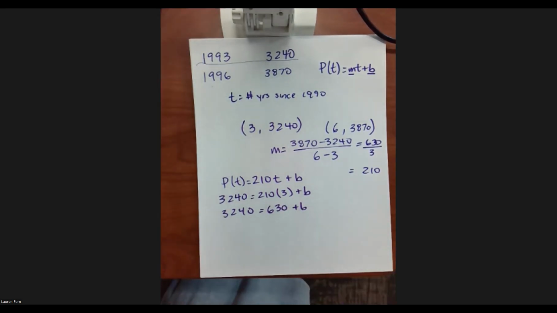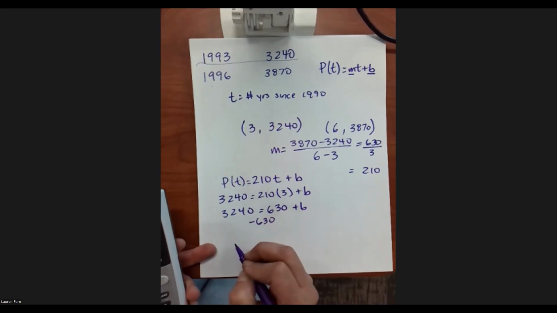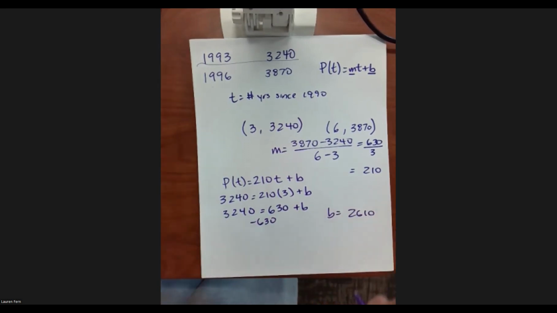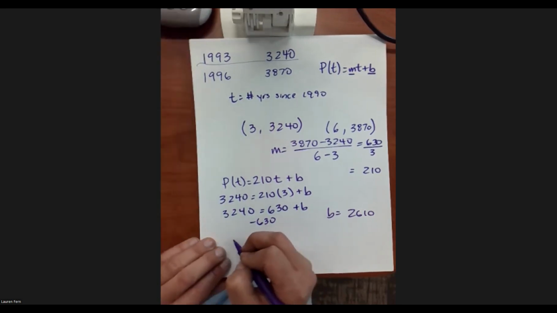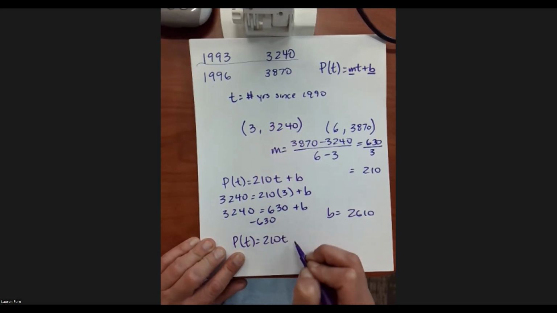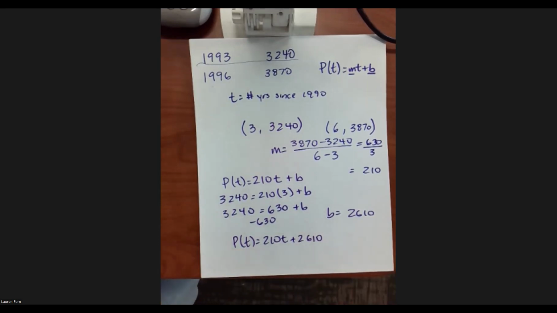I'm just going to be lazy here and use a calculator. To solve this, we subtract 630 from both sides. So we're going to get B to be 2610. So this tells me that the formula for my population is this.